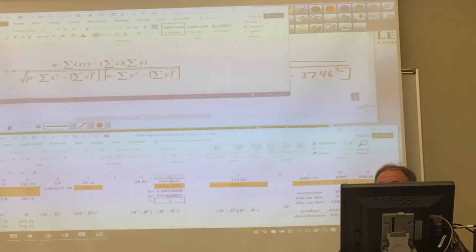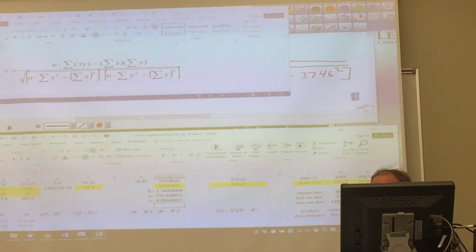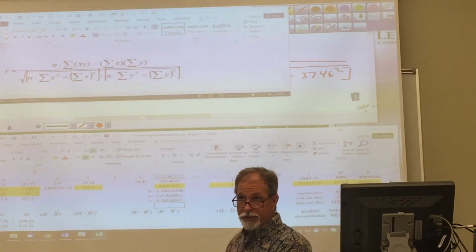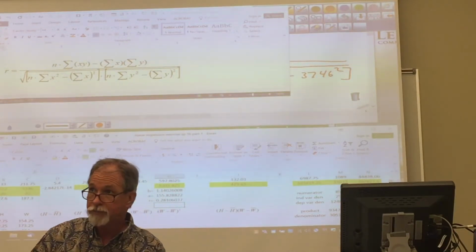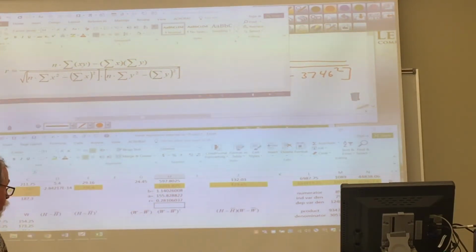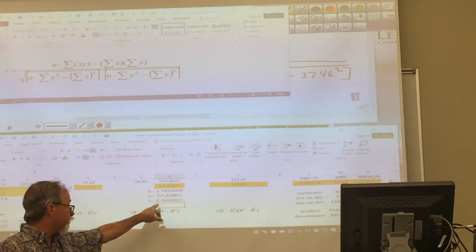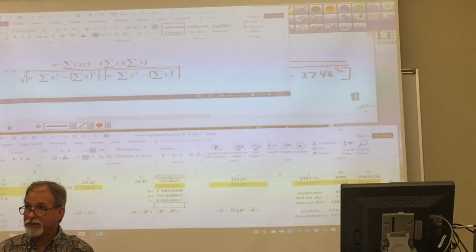So I'm going to take this number divided by this number. And my R is 0.28. So how do I interpret this 0.28?